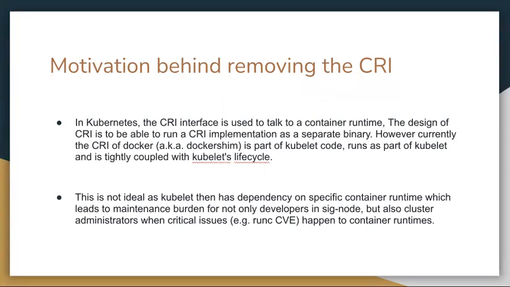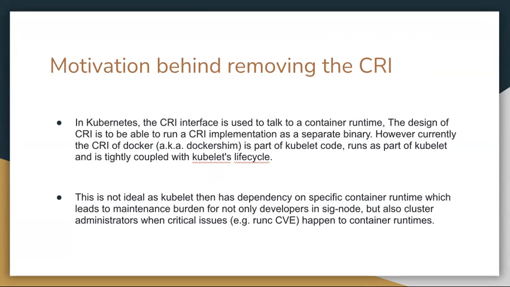Now, what is the motivation behind removing the Dockershim? In Kubernetes, the CRI interface that we used to talk to was a container runtime. The design of the CRI is able to run a CRI implementation as a separate binary. However, the CRI for Docker was a part of the kubelet code and runs as part of the kubelet, tightly coupled with the kubelet's lifecycle.